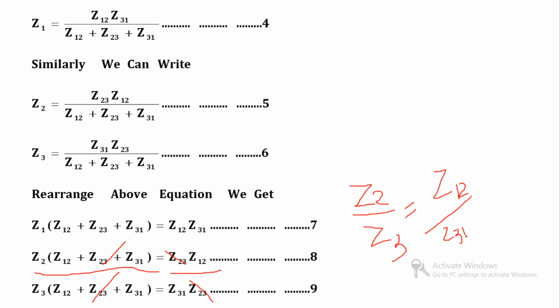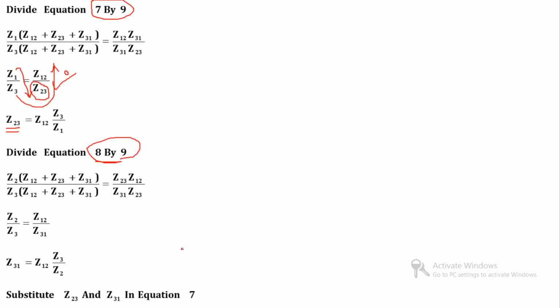So Z31 will become Z12 multiplied by Z3 in the numerator and Z2 in the denominator. So there is a multiplication of Z3 by Z2 with Z12.